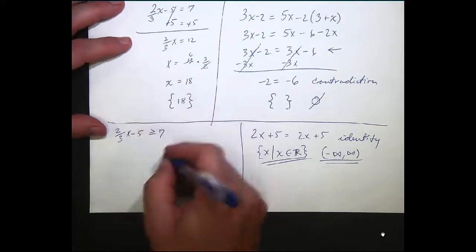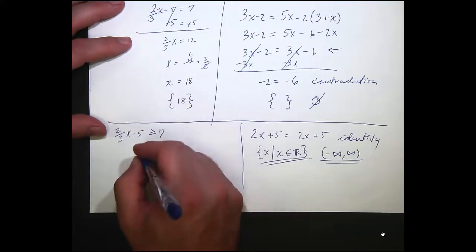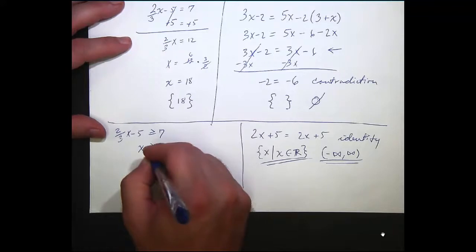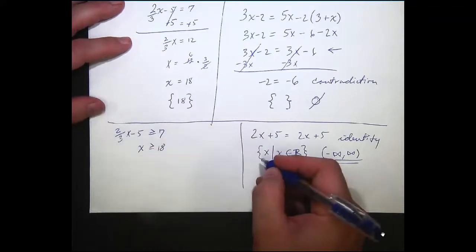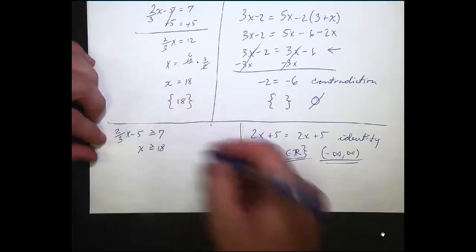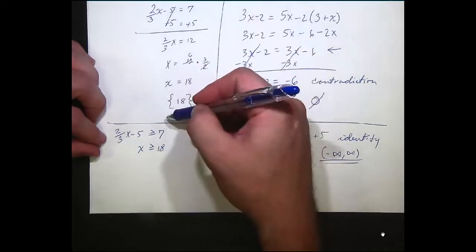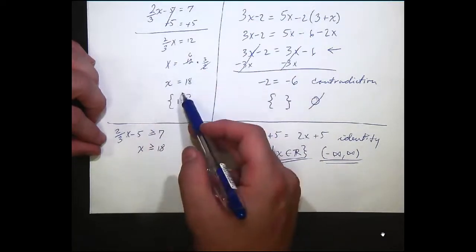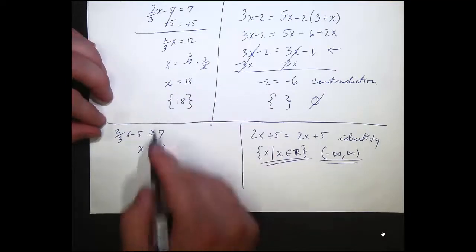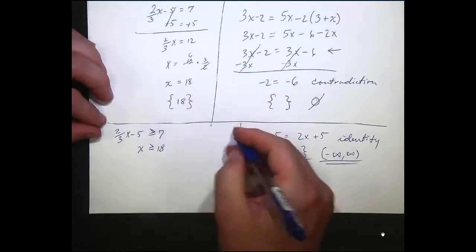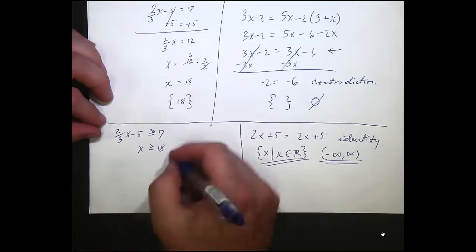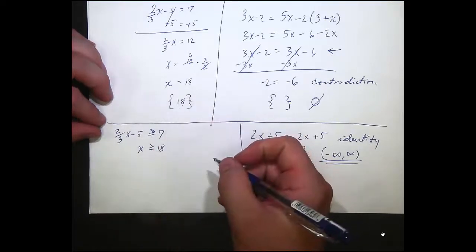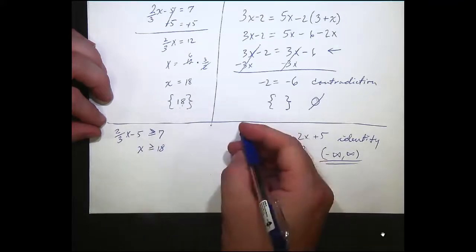Well, everything would be exactly the same, solving it down to the last step until we got to x is bigger than or equal to 18. And the reason everything would match all the way down is because at no point do we multiply or divide by a negative. And that is the only time where the inequality would flip directions. So this 18 is going to be the same, and this direction is going to be unchanged.